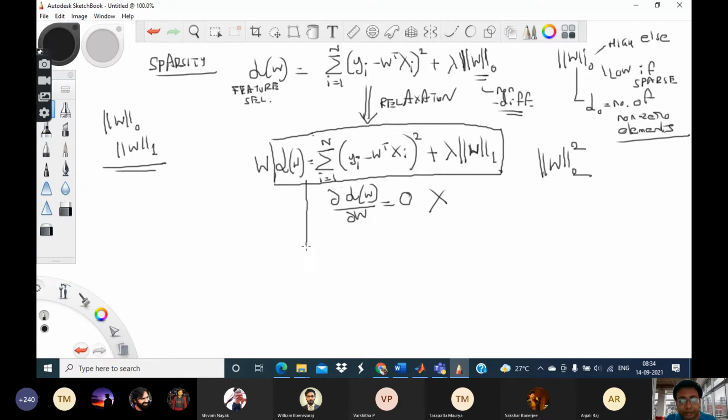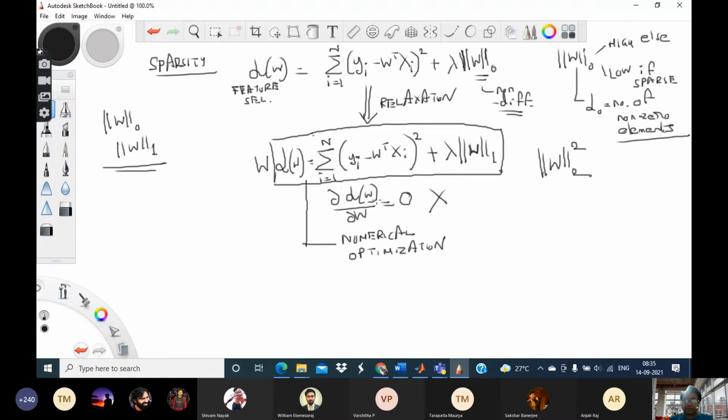Instead, I will use some numerical optimization technique. For example, some of you have already been talking about gradient descent. Gradient descent is one example of a numerical optimization method, but we will come to it at a later stage.